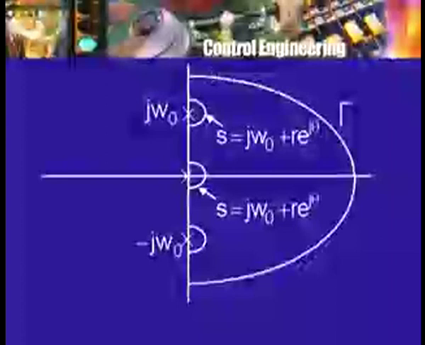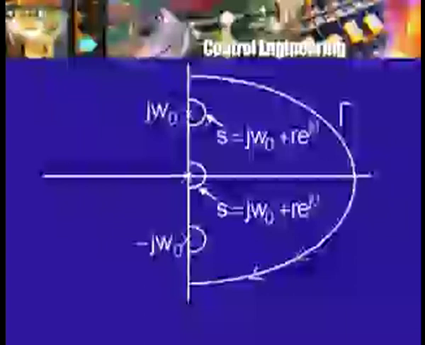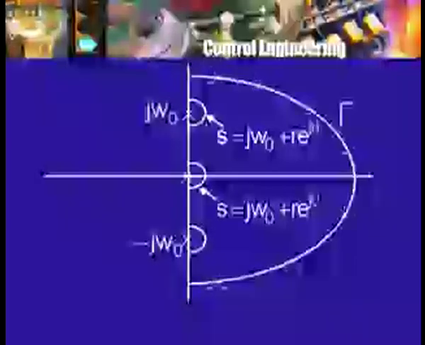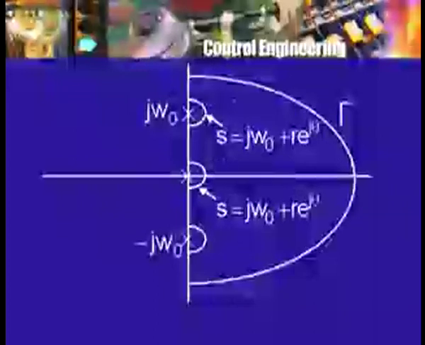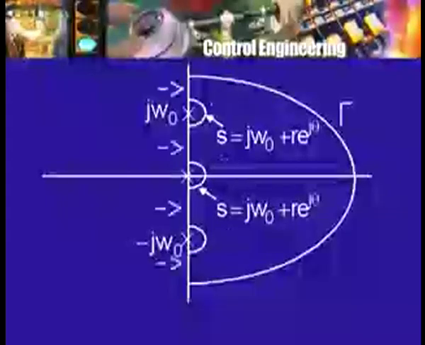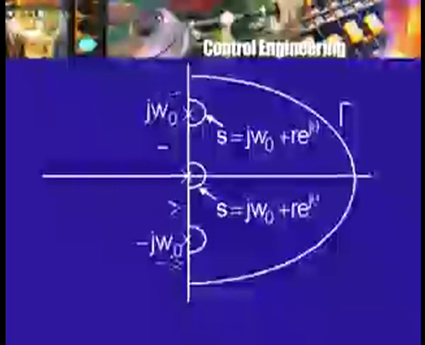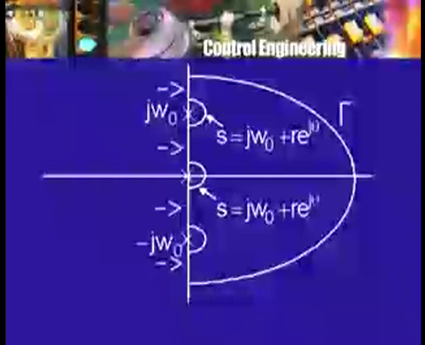And then of course, we have this infinite semicircle, or what we have to really imagine as an infinite semicircle. So, the contour now has this infinite semicircle as one part, and these three circles of small radii as other parts, and the j omega axis has these four portions now.